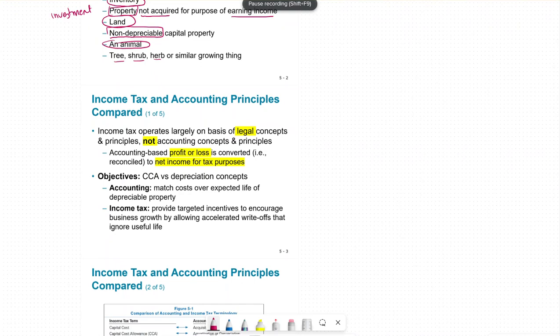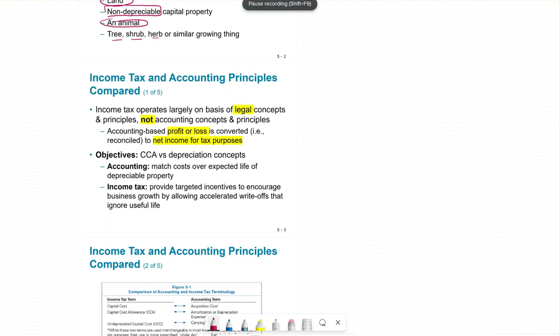Now, there's a difference between income tax and accounting principles. The company could be following different standards for accounting, but income tax operates largely on a basis of legal concept and principle, not accounting concepts. Accounting-based profit or loss is converted into net income for tax. We first produce an accounting income.